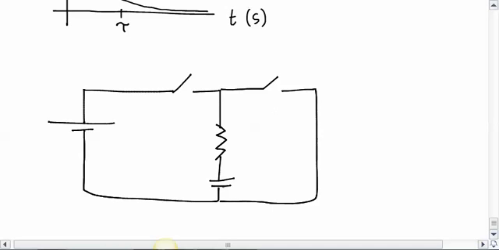Okay. So initially, if the capacitor is just sitting here and it's not charged, the resistor is just sitting here, no current's running through it, the battery is just hanging out. If we close this switch, there will be a current run through the resistor. Doesn't run through the capacitor because capacitors don't let charge flow through, but the capacitor will build up its charge.